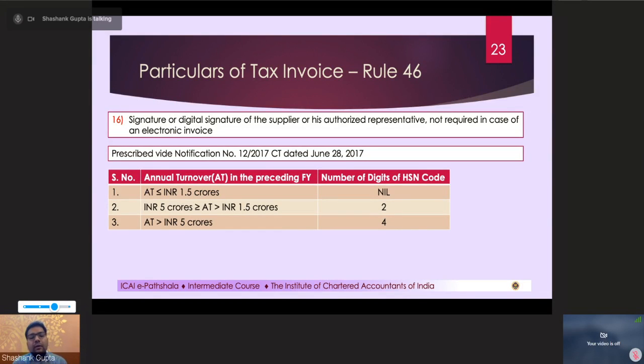If the turnover is between 1.5 crores and 5 crores, then first 2 digits of HSN are required to be mentioned. If the turnover is above 5 crores, then 4 digits of HSN is required to be mentioned.